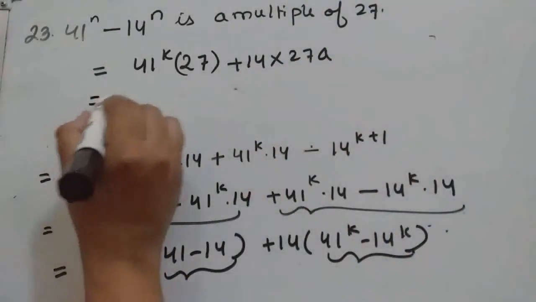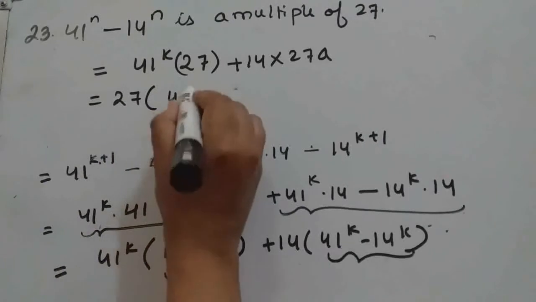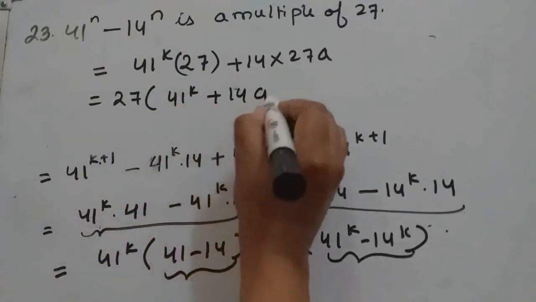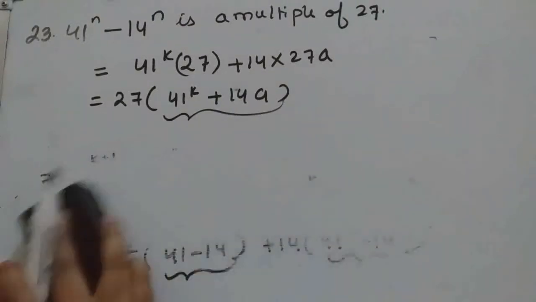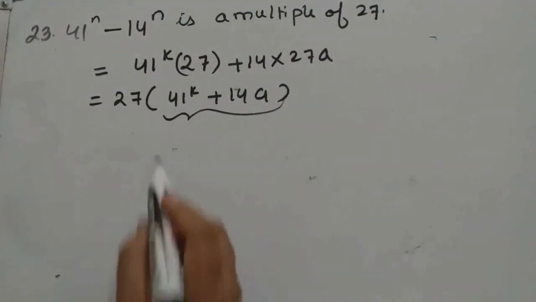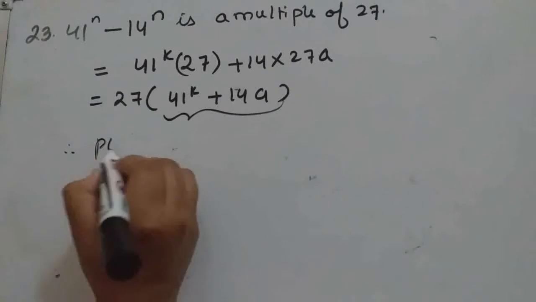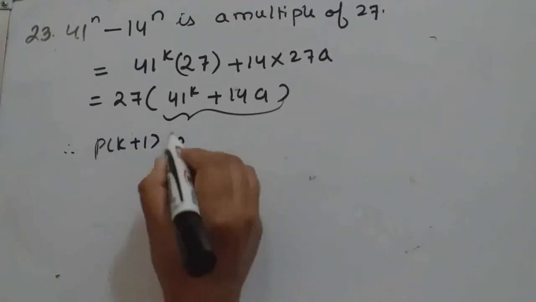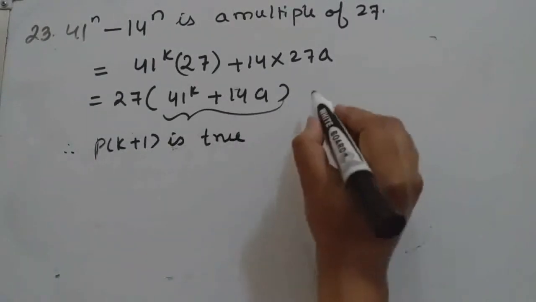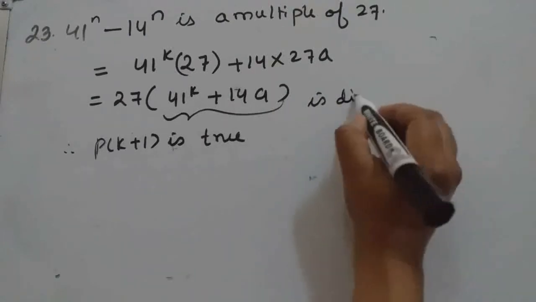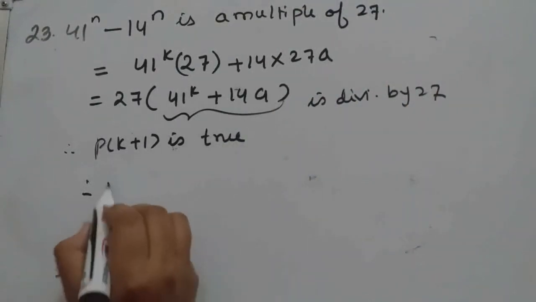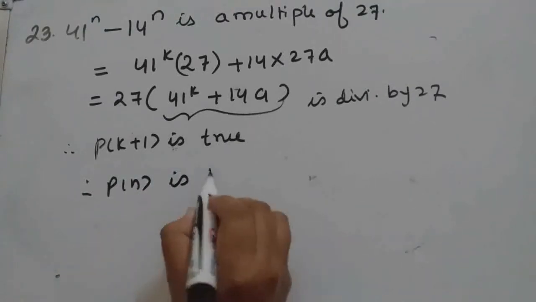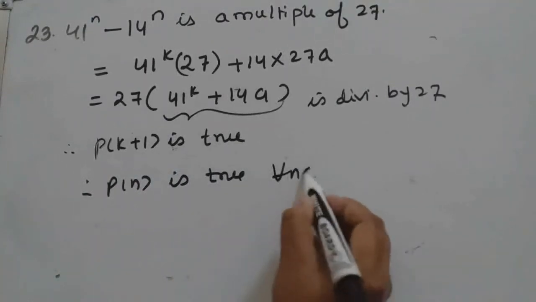Okay, so 27 we can take common. So 27 into some constant number, isn't it? That means it is a multiple of 27. So therefore p of k plus 1 is true. We can write this divisible by 27. Therefore p of n is true for all n belongs to N.